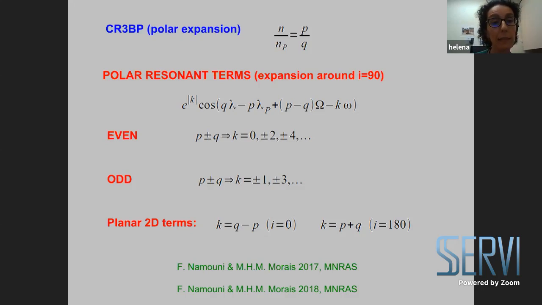If the resonance is odd, then k is an odd number, and the lowest possible values are plus or minus 1. In this slide, I show also the comparison for the planar case. So when the relative inclination is 0 or 180 degrees, the amplitude of the resonant term goes as the eccentricity to the power of q. I show that here at the bottom of the slide. Okay, next slide, please.